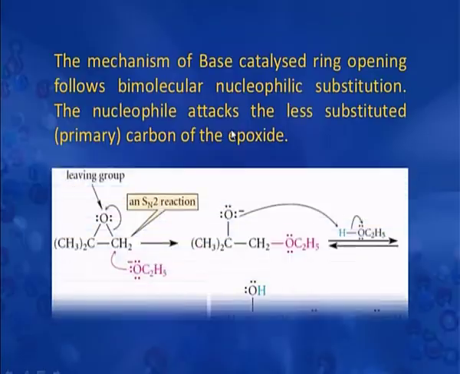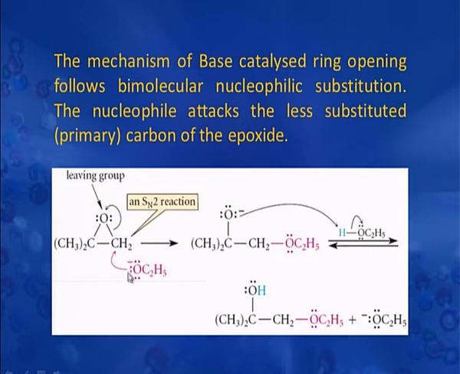The mechanism of base catalyzed ring opening follows bimolecular nucleophilic substitution. The nucleophile attacks the less substituted primary carbon of the epoxide. We have discussed it earlier also. I am repeating once again that this position is a less substituted position at which the nucleophile is attacking. In the second step, the alkoxide abstracts the proton from the ethanol. As a result, the product is formed.